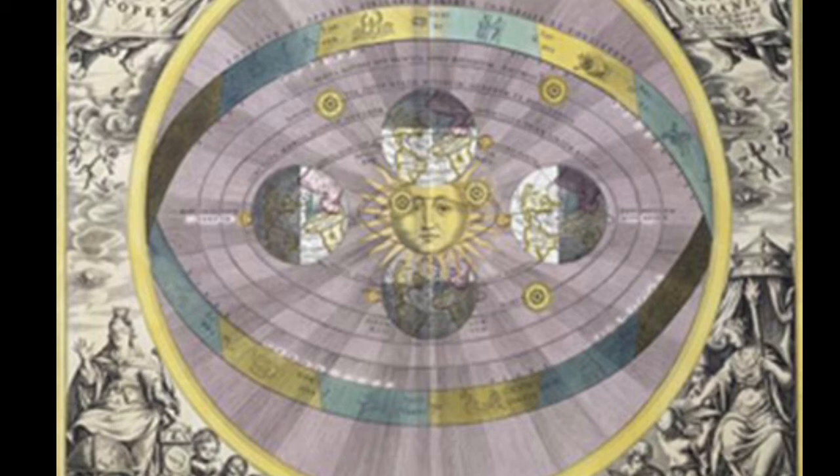Having calculated the dates for certain lunar eclipses of the past, Scaligerian chronologers included them in the ancient chronicles that they were creating in order to give, quote, solid proof, unquote, to the false chronology.